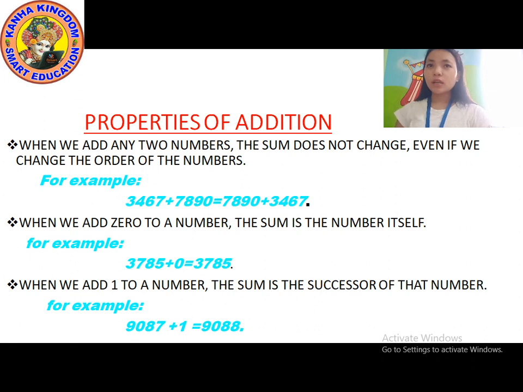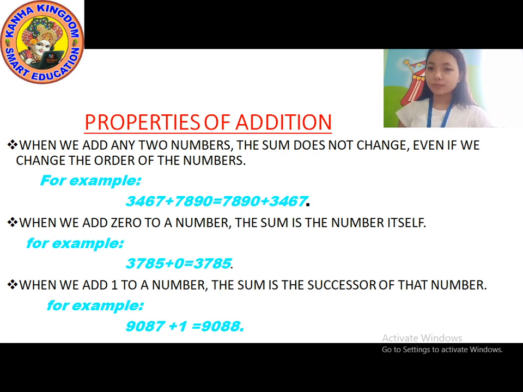That means the total of those two numbers does not change even if we change the order of the numbers.